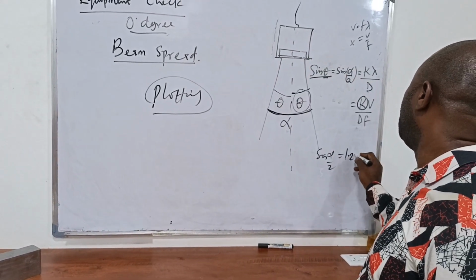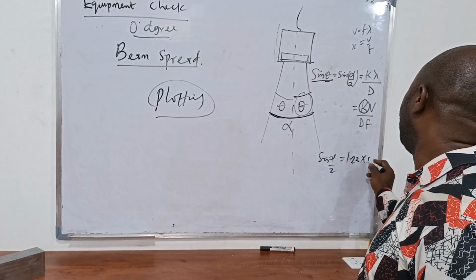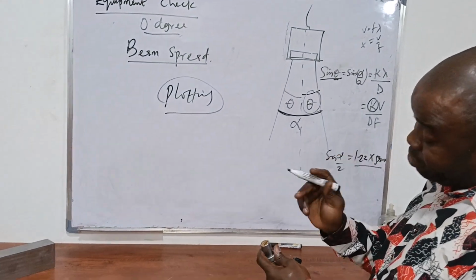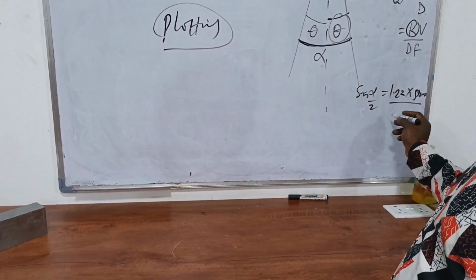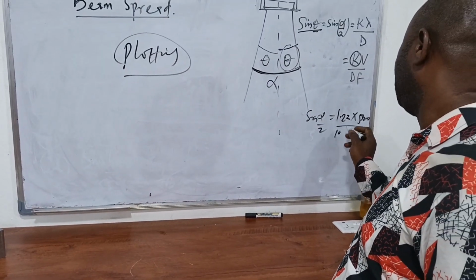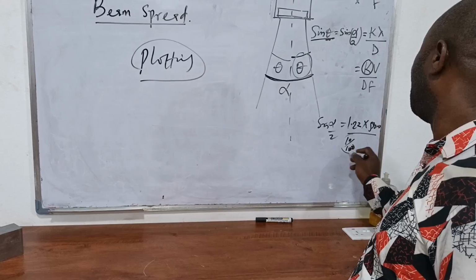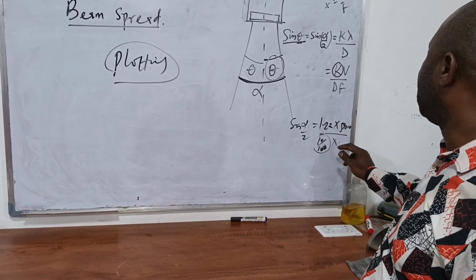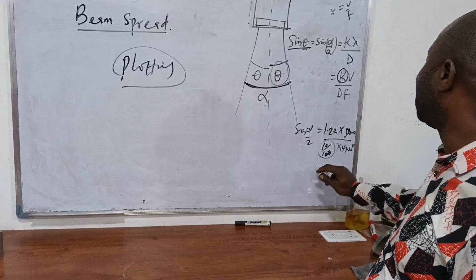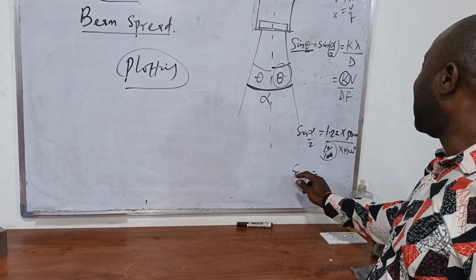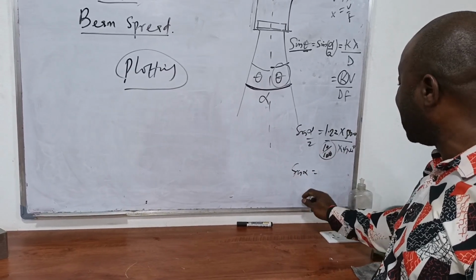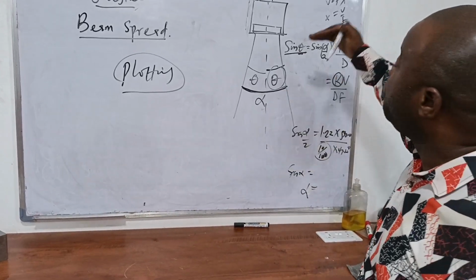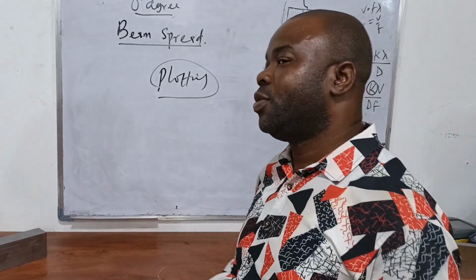We can use 1.22 multiplied by the velocity 5920, multiplied by the diameter, which is 10 divided by 1000 if you want to convert it to meters, divided by frequency, 4 times 10 to the power of 6. That will give you the sine of alpha. And by the time you do the inverse at the end of the day, mathematically you should be able to get the beam spread. This is theoretical.